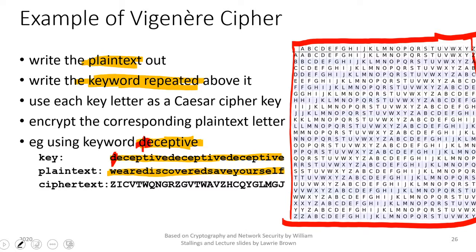Likewise, for E, we would choose a different Caesar cipher. In this table, the plain text letters correspond to the columns, selecting the column for that plain text letter, and then we use the letter from the key to select the corresponding row.